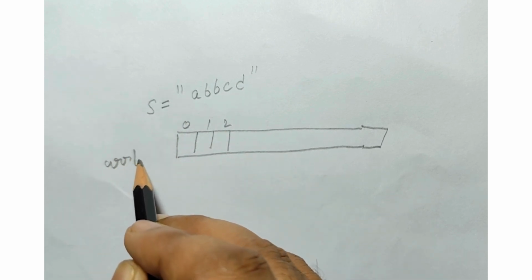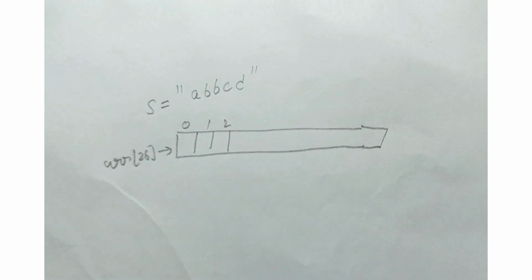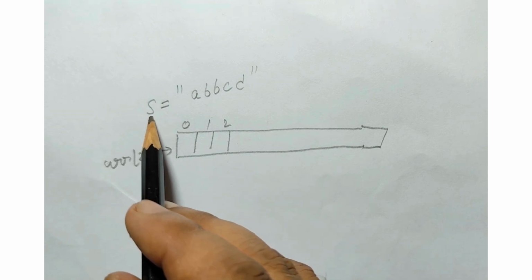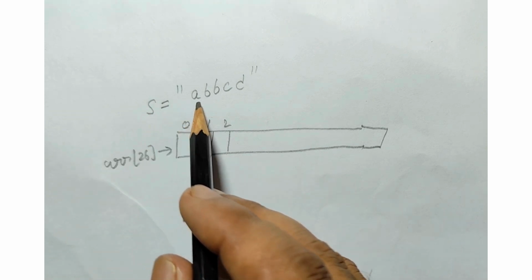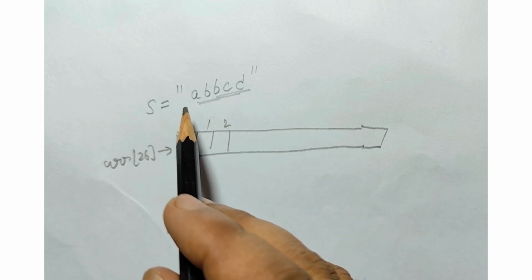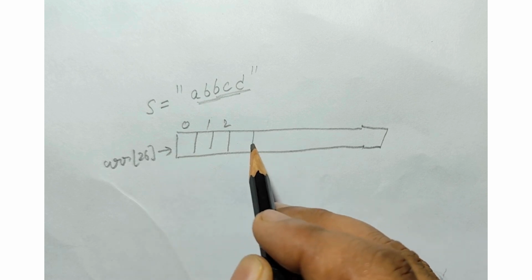Because in the problem statement it is mentioned that the input string contains only lowercase letters, and in the English alphabet we have 26 lowercase characters. So that's why I take an array of size 26.